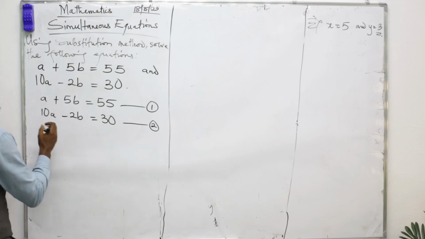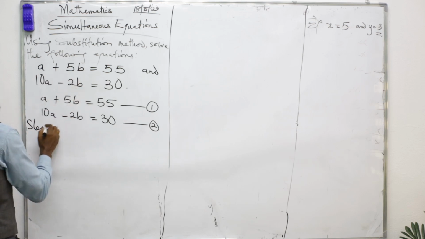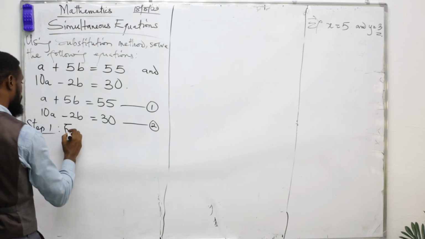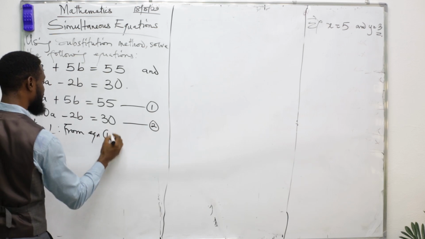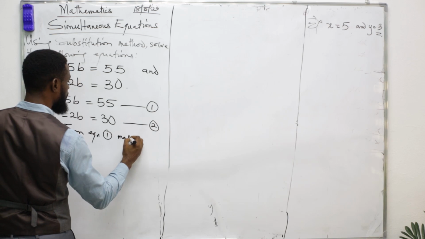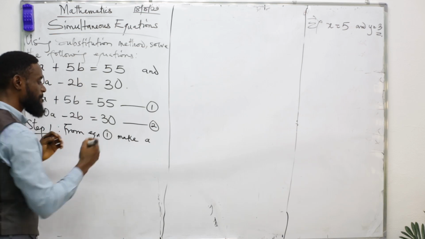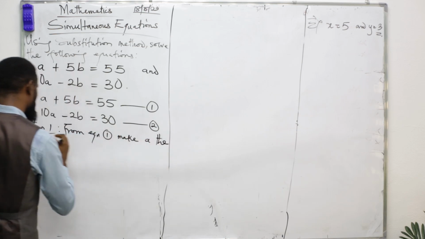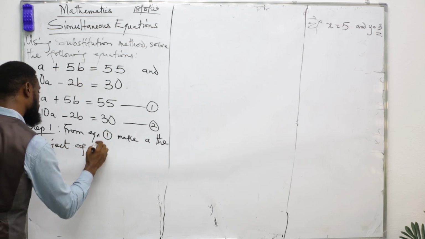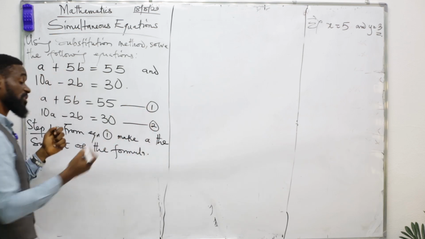So we now say from equation 1, step 1. From equation 1, the one that has a coefficient of 1, make A, which has a coefficient that is 1, the subject of the formula, or the subject of the equation, whichever one you want to take.